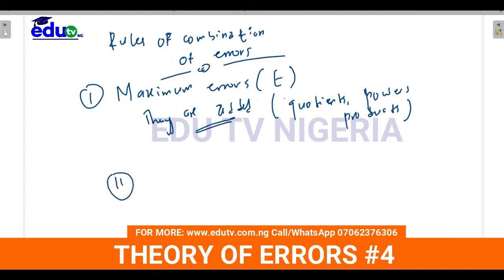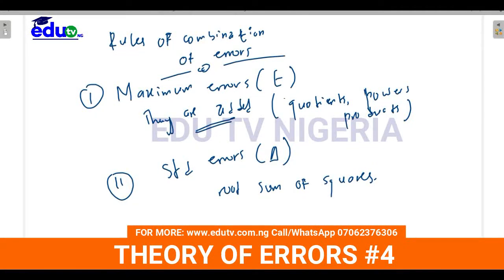Now for standard errors, in place of simple sum, we have root sum of squares. Instead of adding them, we have the root sum of squares. I'll explain further when we get there.